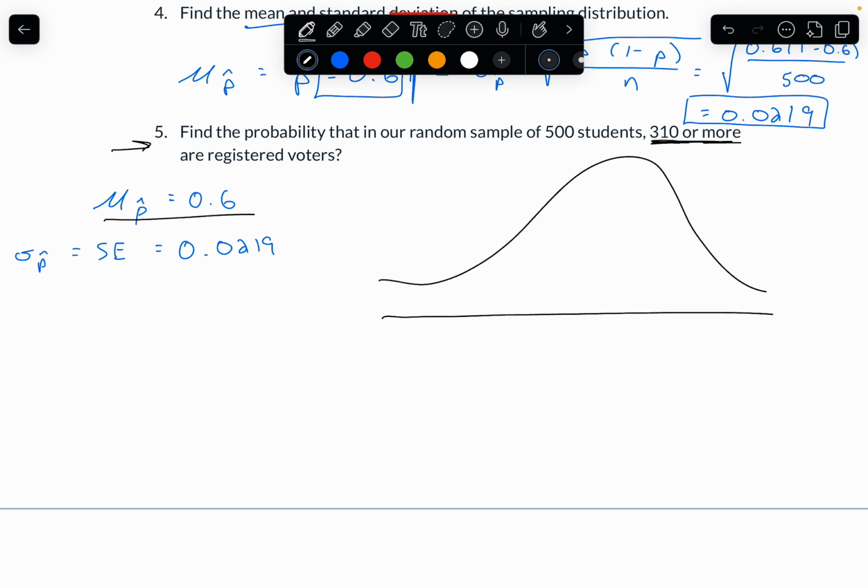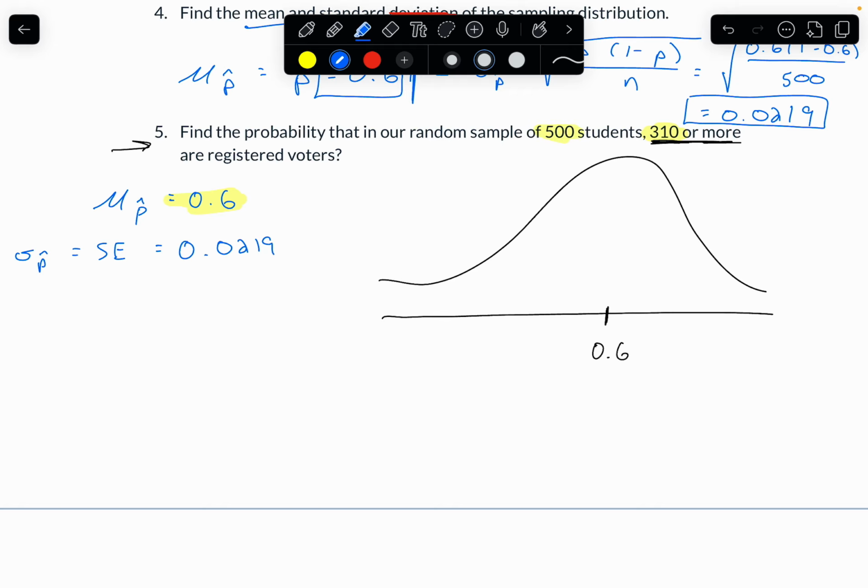We know that the mean is 0.6, so we have 0.6 right here in the middle. And usually when we talk about this, we're going to talk about a data value. Now, one thing I'm going to highlight here is that this is a proportion, and here they're giving us a raw number of 310 or more. So I need to find a way to make that 310 into a proportion. Luckily for me, I know that that 310 is out of my 500 students.